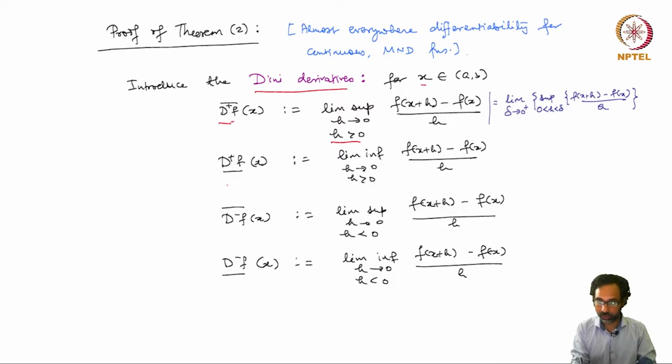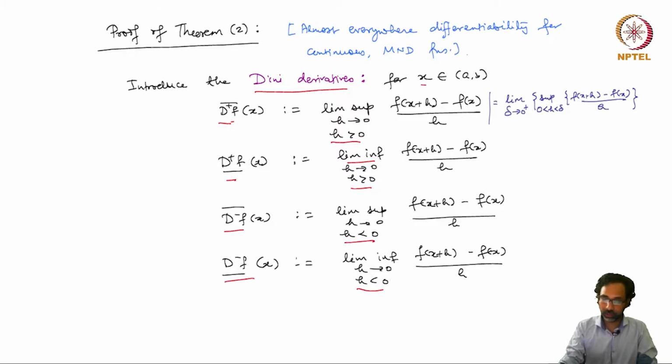So the second one is D^+ f lower bar. This is the lim inf as h tends to 0 with positive values. Similarly D^- f upper bar is the lim sup as h tends to 0, but now h is less than 0, and D^- f lower bar is the lim inf as h tends to 0 with h taking negative values.